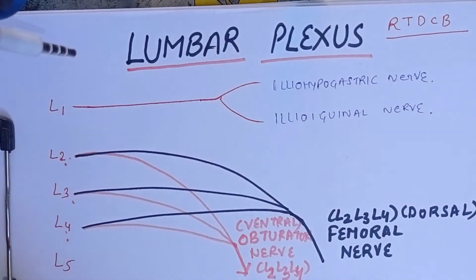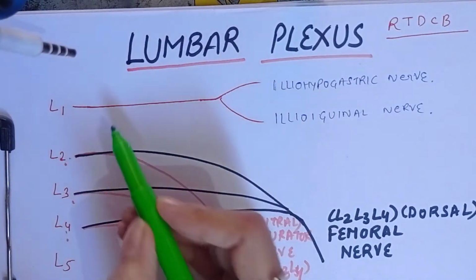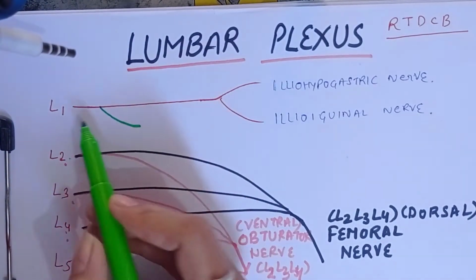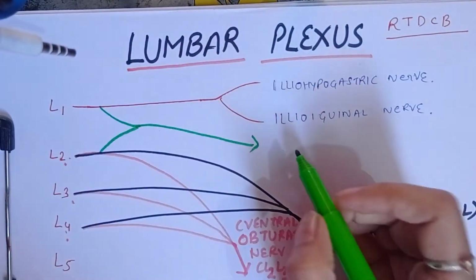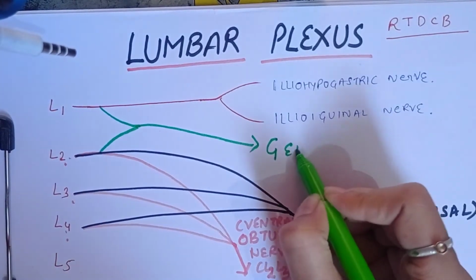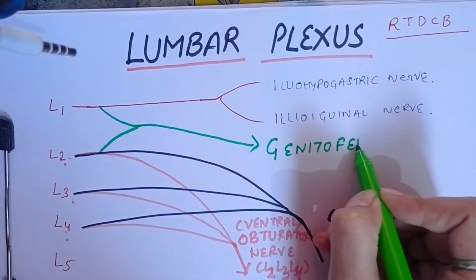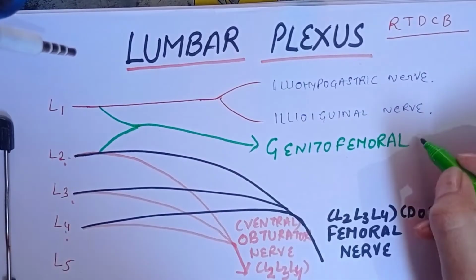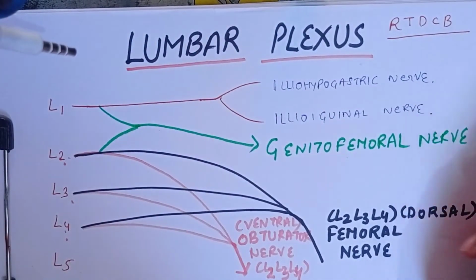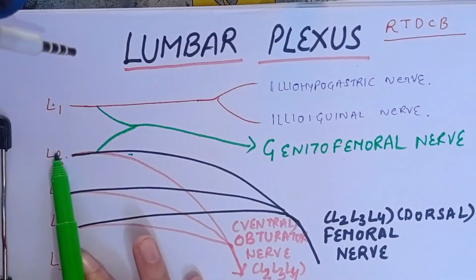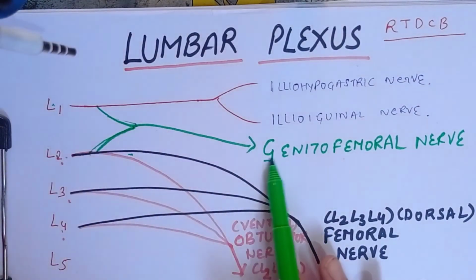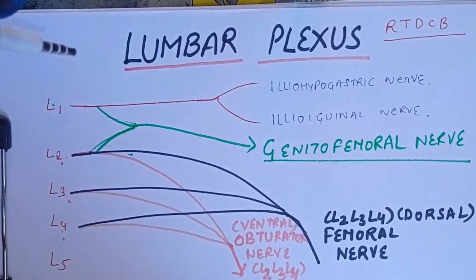Now, L1 and L2 give off another branch to form the genitofemoral nerve. I am repeating once again. L1 and L2 gave another branch which is called the genitofemoral nerve.